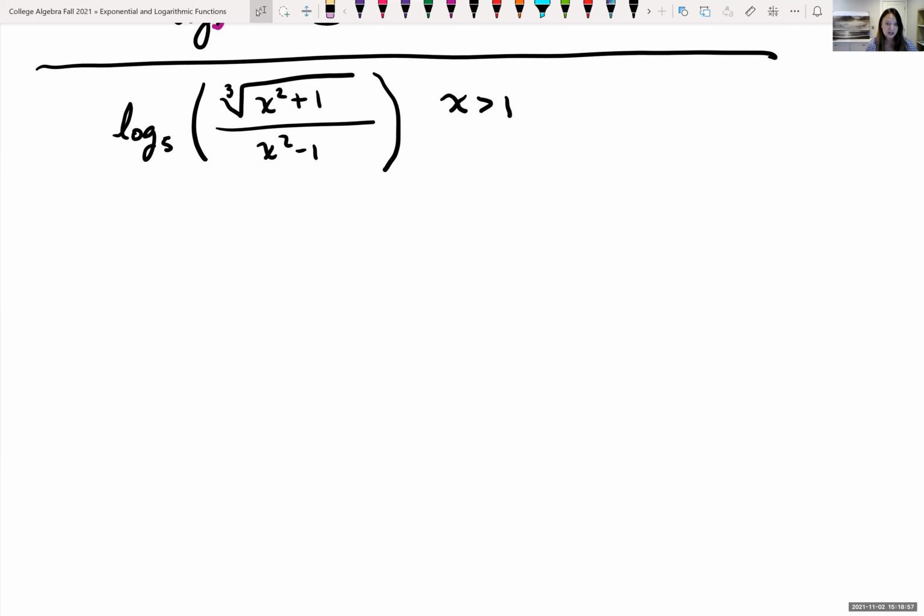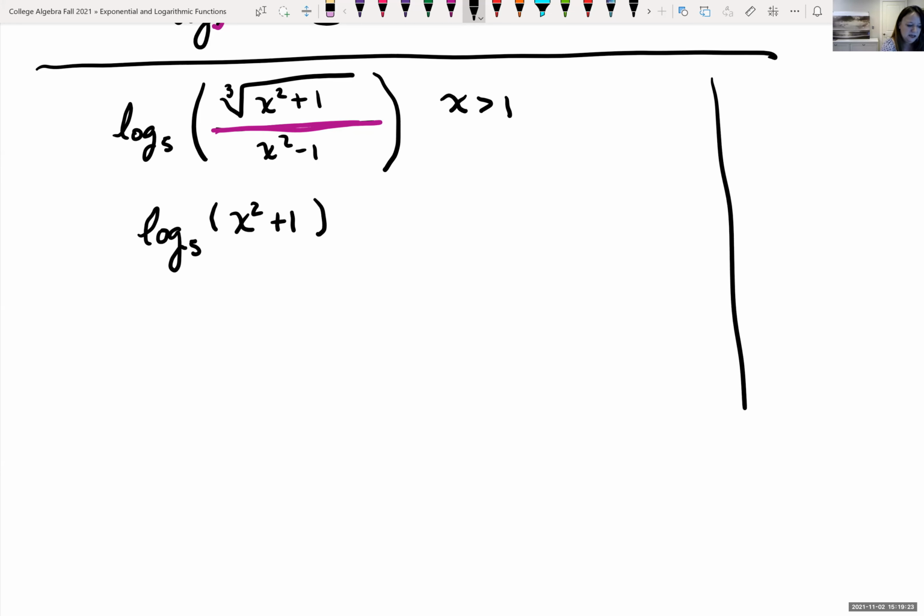Okay, so I have division here, and if we have division, we can rewrite it with a minus in between the two logs. And so we're going to take the log of the numerator, and as I rewrite the log of the numerator, I'm going to rewrite this without a radical. It's important to be able to go back and forth between radicals and rational exponents.